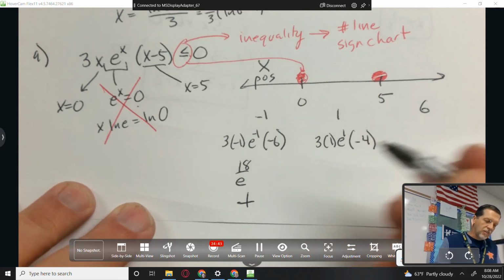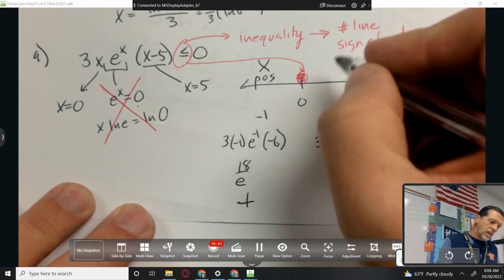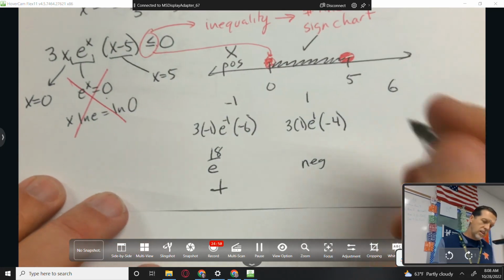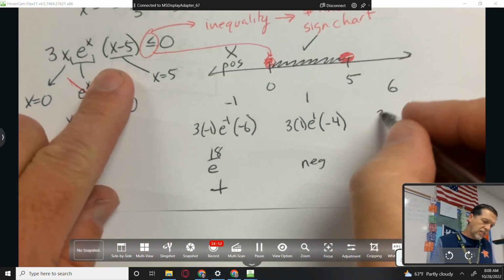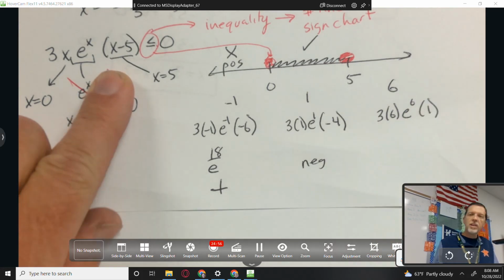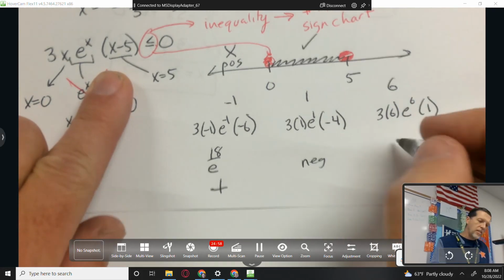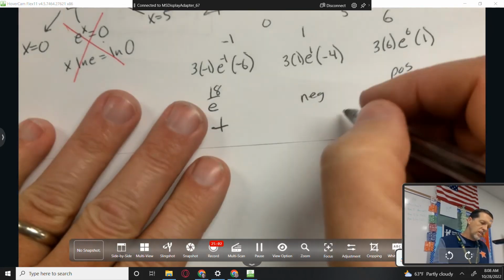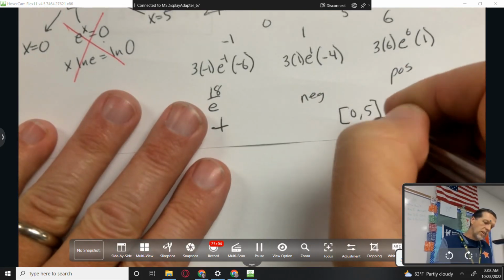Negative, because e to the first is positive. And we're looking for negative, so we'll shade there. And then lastly, if we plug in 6, 3 times 6, e to the 6 times 1. Who knows what that is, but it's definitely all positive. But we're not shading there. So my answer is 0 to 5.